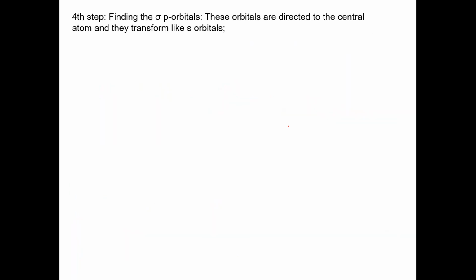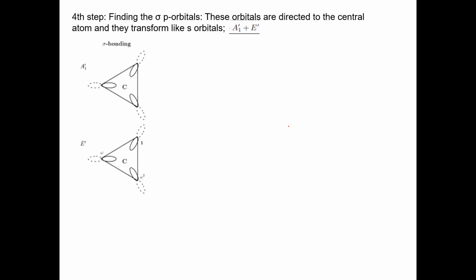Okay. So what I want to do now is to find the sigma p orbitals from the corner carbon atoms. These orbitals, by definition, are directed towards the central carbon atom. So for this reason, they should transform like s orbitals. It's easy to visualize when I draw them.